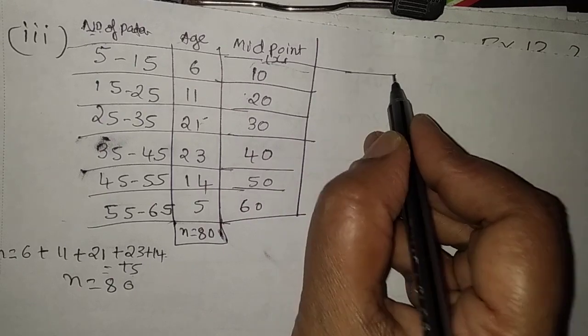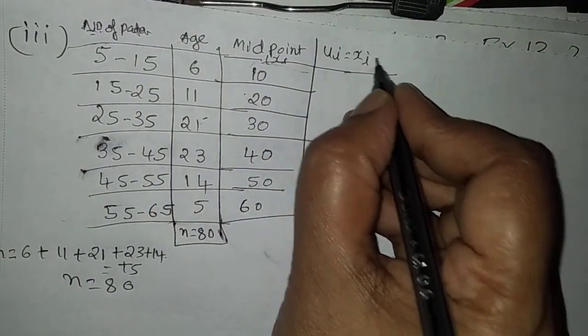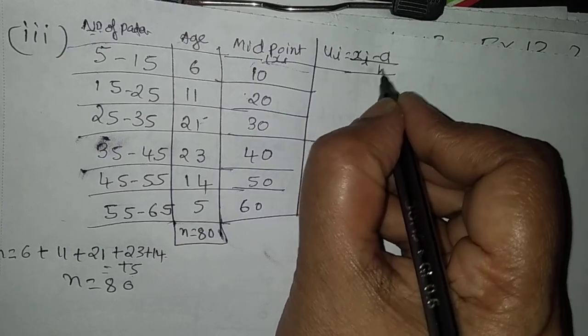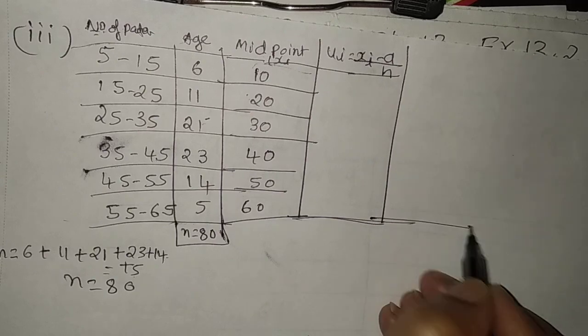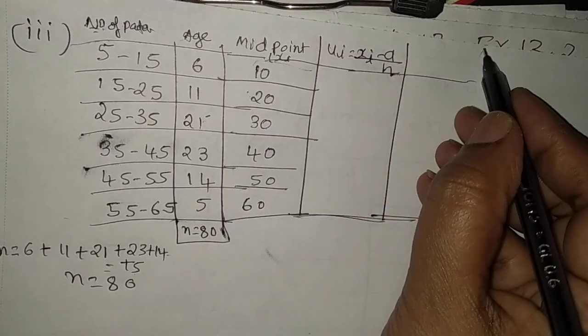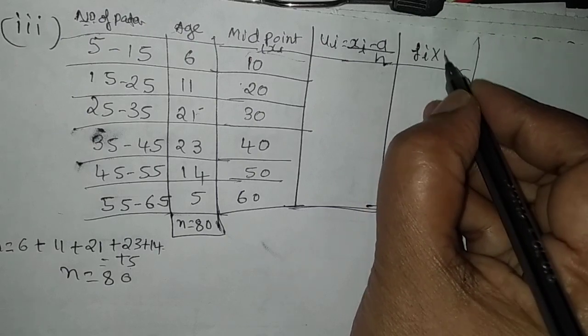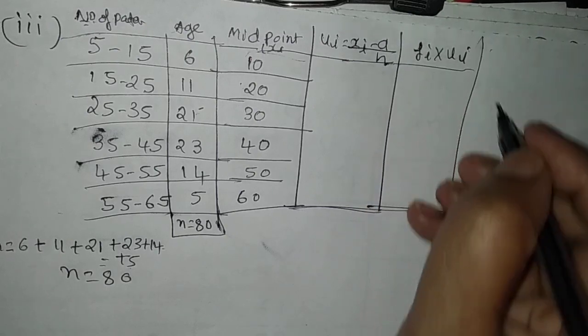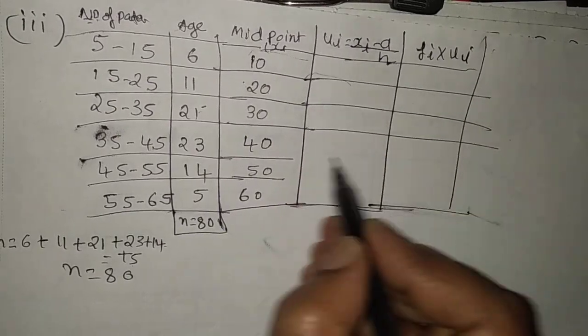After this, next is ui is equal to xi minus a by h. So last is fi into ui. So ui is set of values.